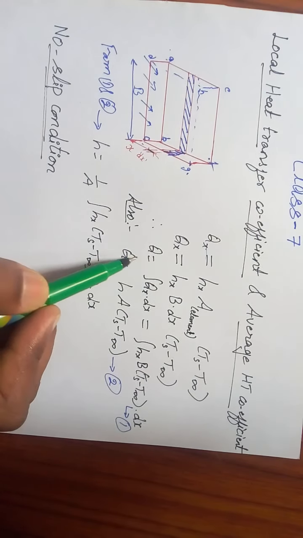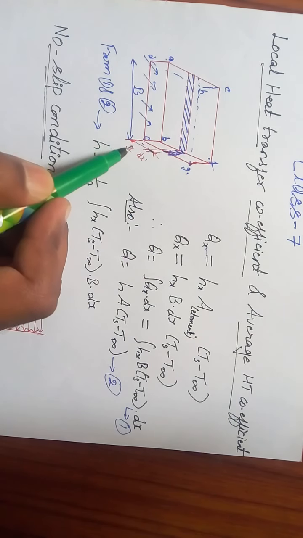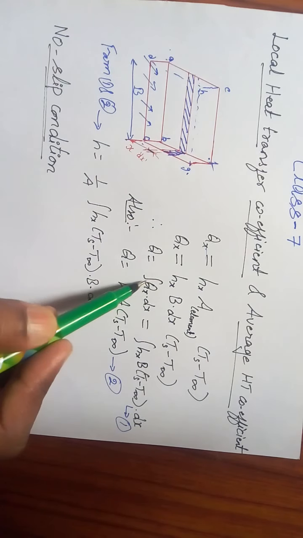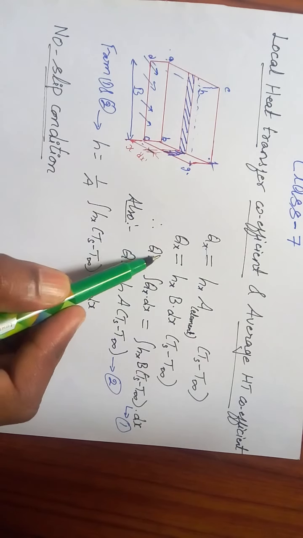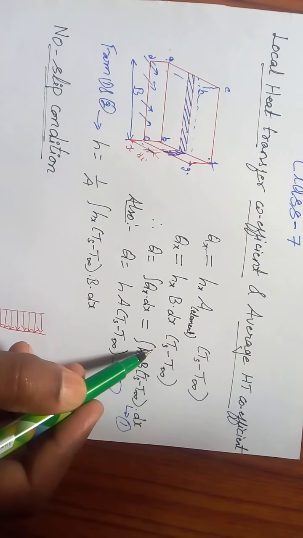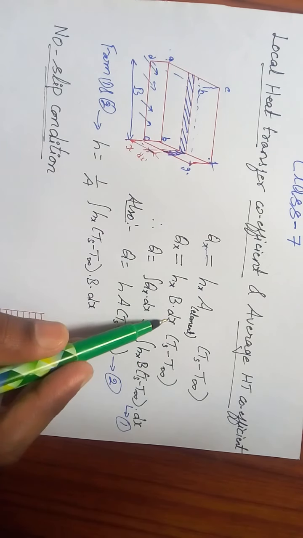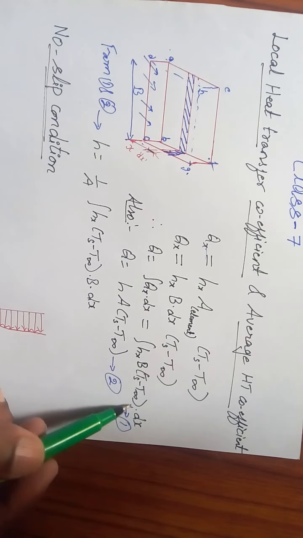So now here, if I integrate this Qx from x equals 0 up to x equals L, the total integral of Qx will be the total heat transfer Q. For that, I can replace Qx with the equation hx B dx (Ts minus T infinity), the same equation I have taken.